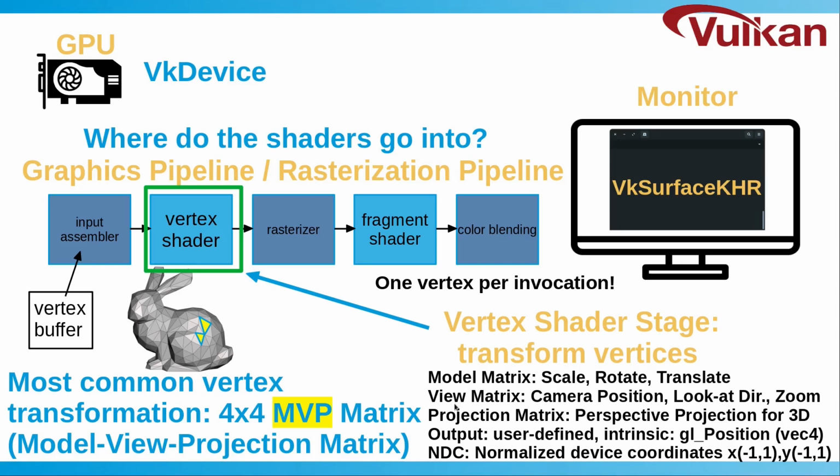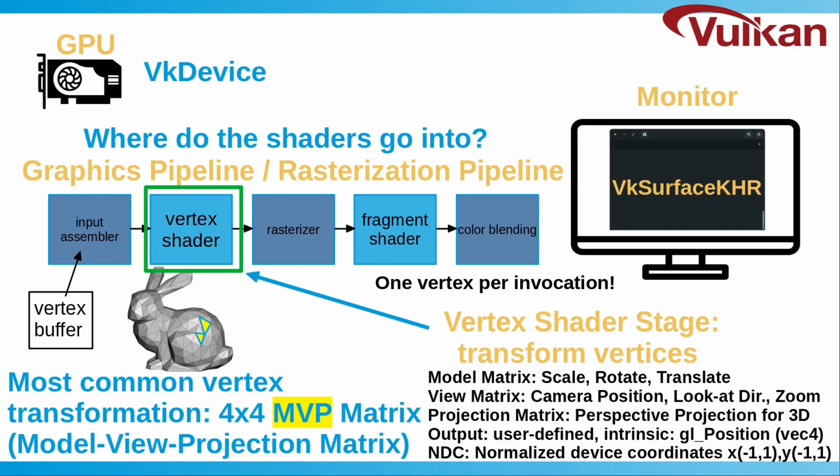Then we need a camera to look at our scene. This camera can be expressed with a view matrix. It has a look at direction, it has a position, and it has a zoom factor. And lastly, we need to project our virtual 3D scene onto a 2D window, right?